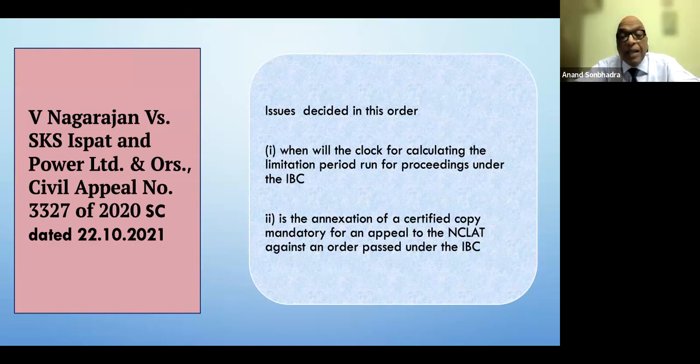And two, is the annexation of a certified copy mandatory for an appeal to the NCLAT against an order passed under the IBC? These were the two issues based on which the decision to accept the appeal or to dismiss it or dispose it was to be taken.